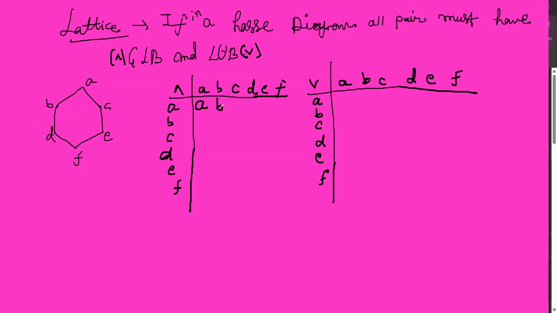B. Understood? Because you have to check every pair. I write there all pairs. Understood? Yes.